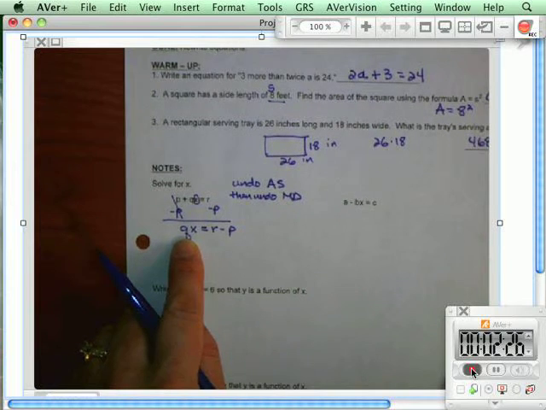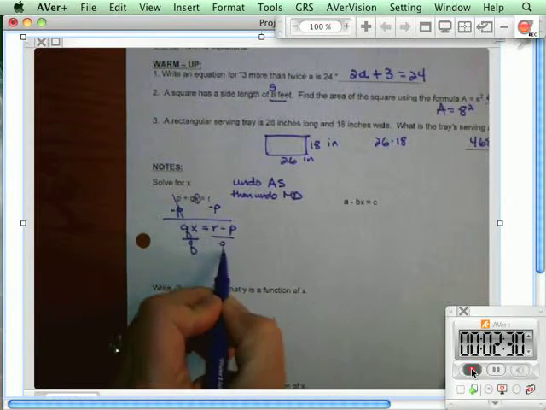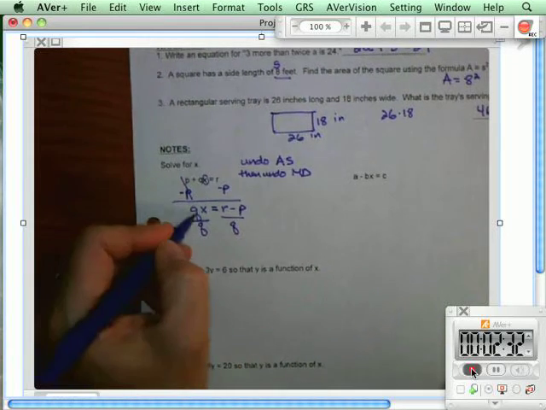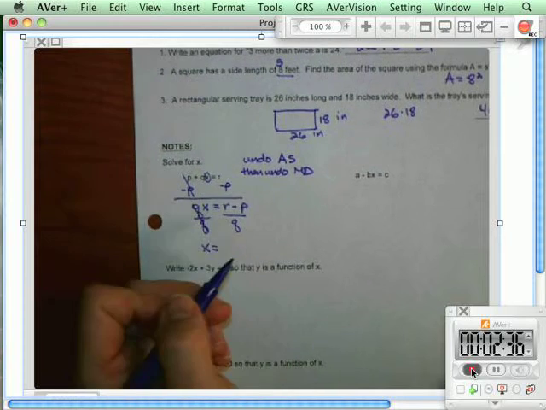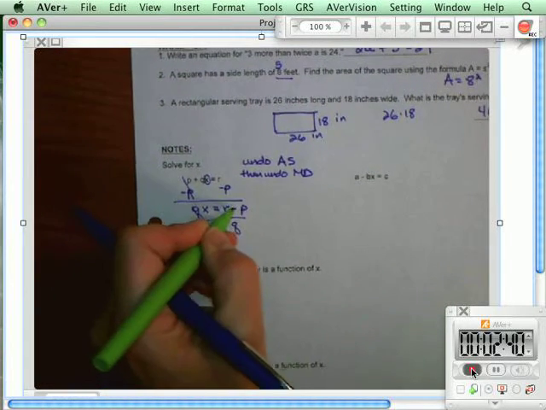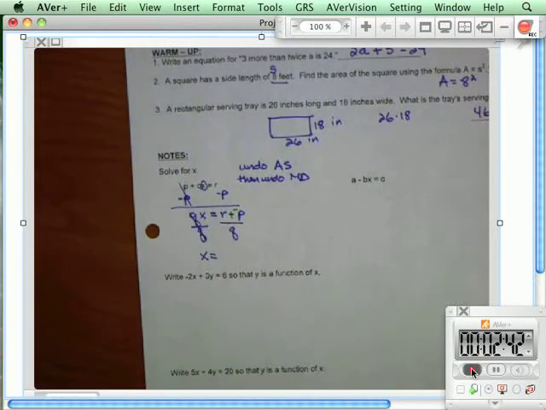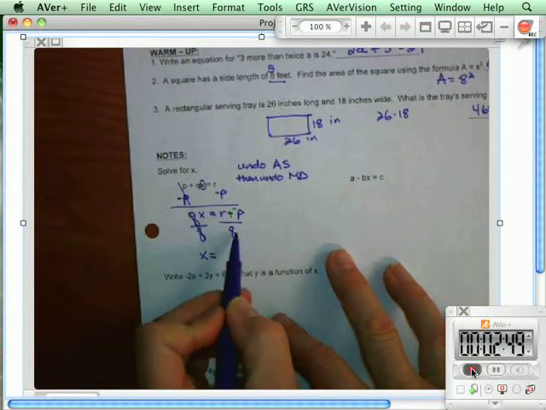Okay, so now this is what it's going to look like. So watch, x is going to equal, now here's what I'm going to do. Just stay with me a second. I'm going to change this to adding a negative. When I'm dividing this side by q, I'm actually dividing each thing by q.